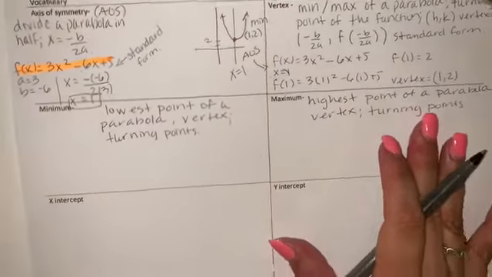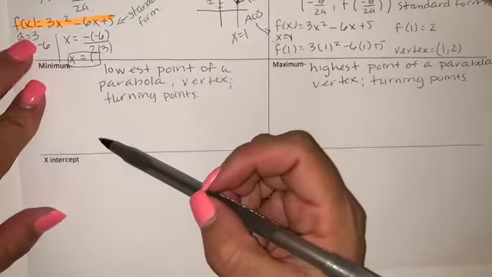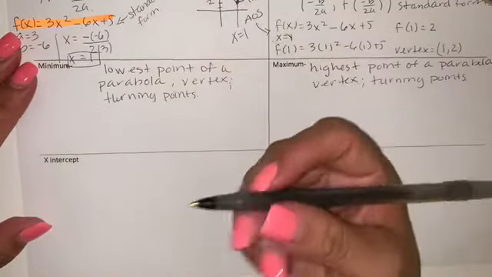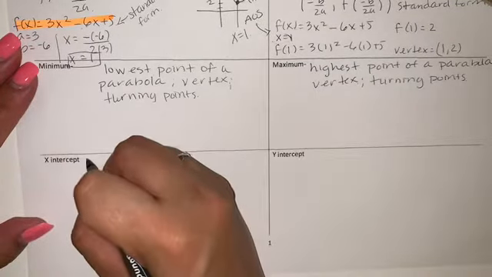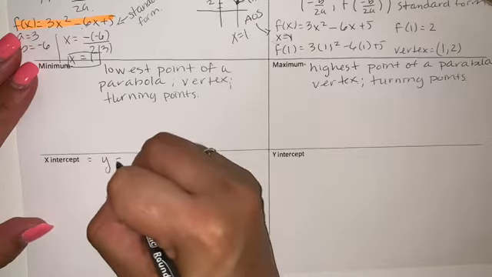So let's talk about how you solve for an x and a y-intercept. For an x-intercept, what you're going to do is you're going to set the function equal to 0, and then you would factor. So basically, an x-intercept is where the y equals 0.